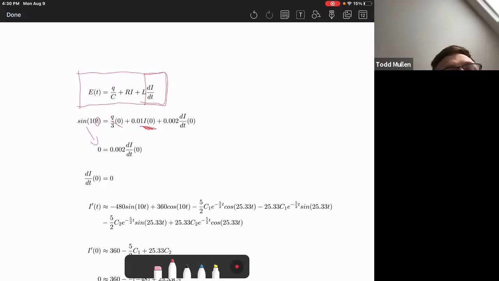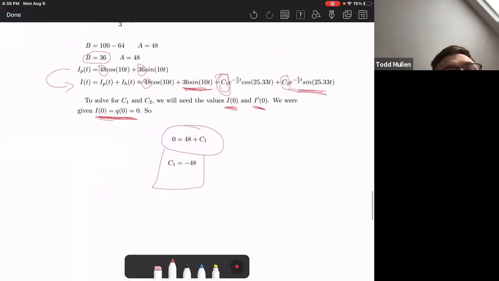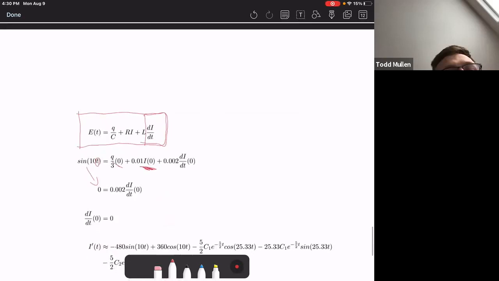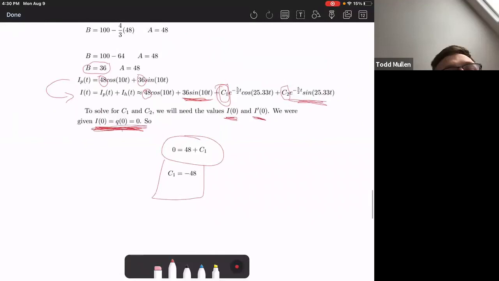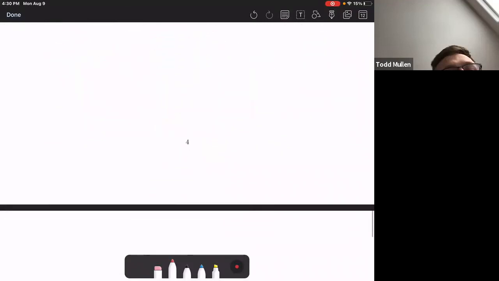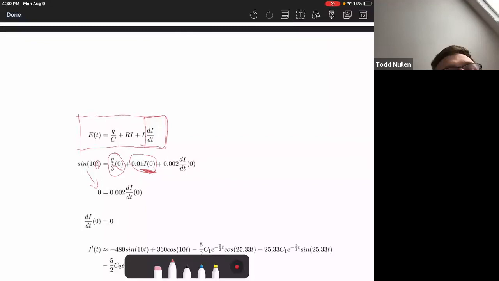I of 0, well, we just noted that I of 0 is equal to 0 because that's provided in the question. So that's going to disappear as well. And what about this Q over 3 of 0? Well, scroll up again. Q of 0 is also equal to 0. So all of this stuff is going to fall off except for 0.002 di dt of 0, but it's equal to 0. So I prime of 0 is equal to 0.